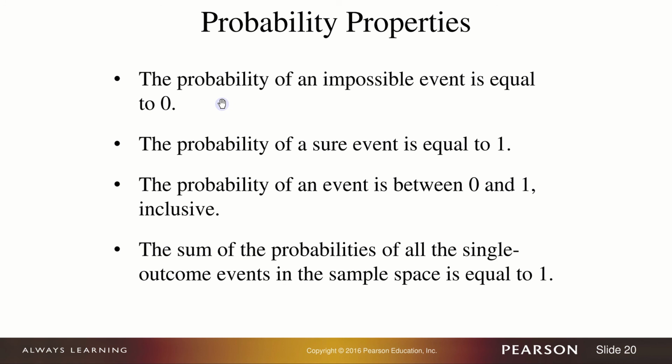This goes back to that beautiful graphic we discussed earlier, with the bottom showing the impossible events at 0 probability, the top showing a certain event at probability of 1. So they call it a sure event here, or certain, the same thing. Probability of any event is basically going to be between 0 and 1, inclusive, meaning it could be 0 or it could be 1 as well. And the sum of all the probabilities of the simple events, right, is always going to be 1.